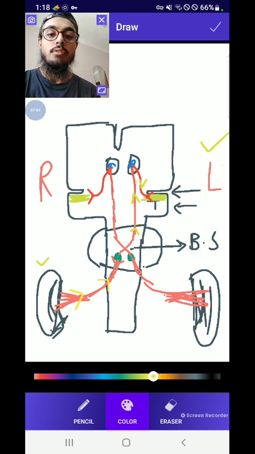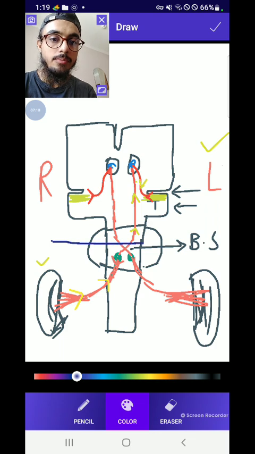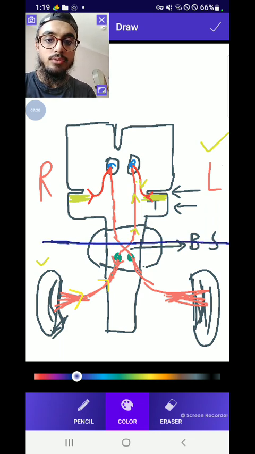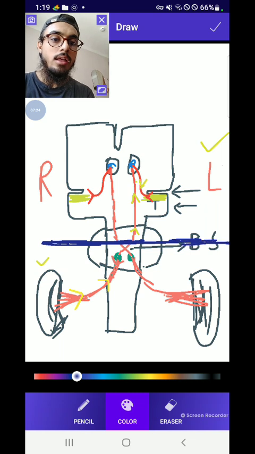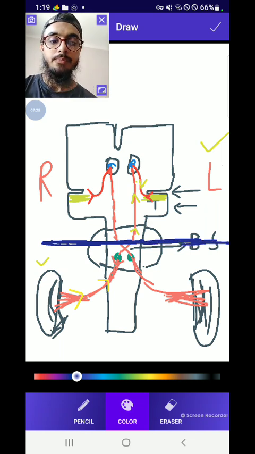So what is the importance of this pathway? The importance is when there is any damage. For example, I explain a little bit about the clinical importance. I have to draw a line here and tell you the clinical importance related to it.